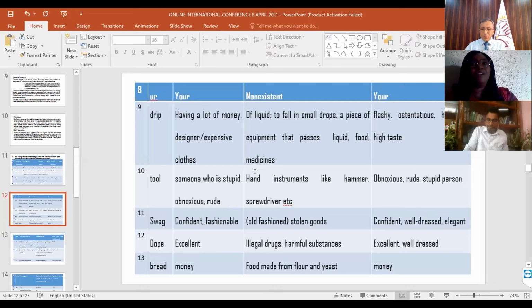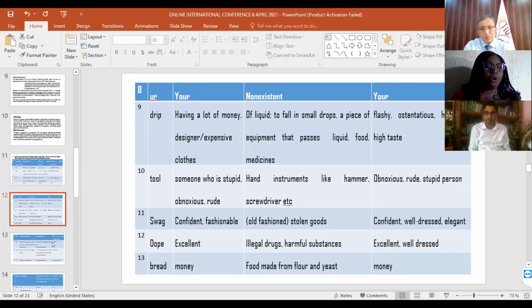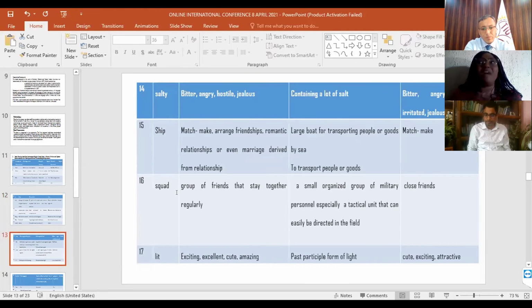But then you cannot imagine the person saying, no, that is not the kind of bread I want. I need money. So why is it used to mean money? Of course, to us in the standard English variety, it is used to mean food made from flour or flour and yeast.